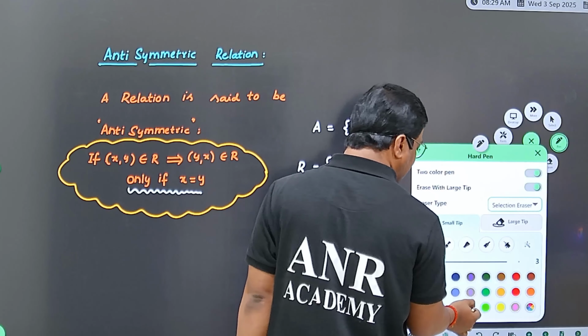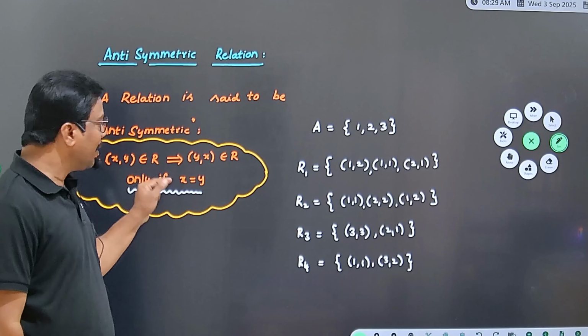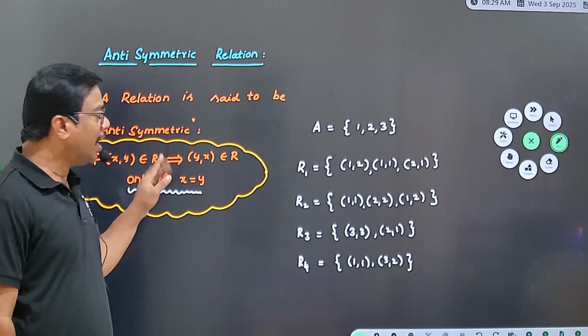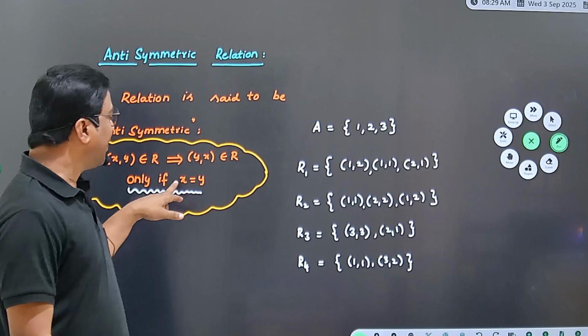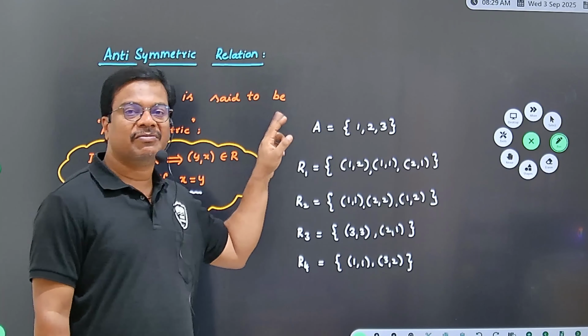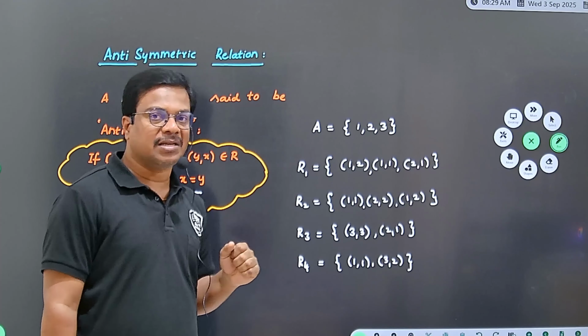The definition is clear: if x equals y, then (x, y) belongs to R implies (y, x) belongs to R. When x equals y, the possibilities here are (1, 1), (2, 2), (3, 3).